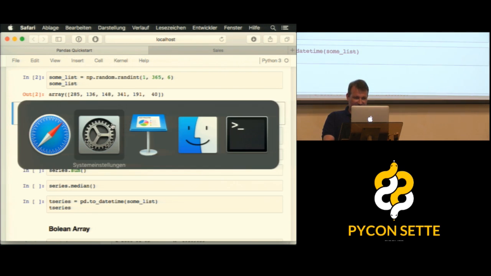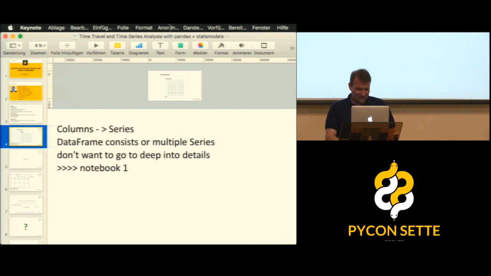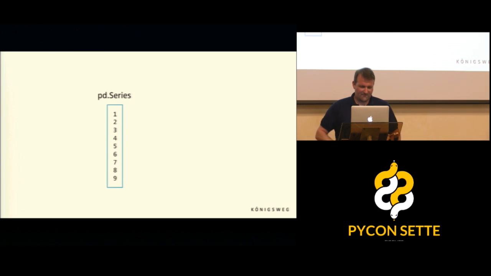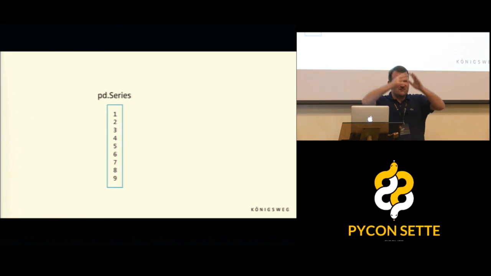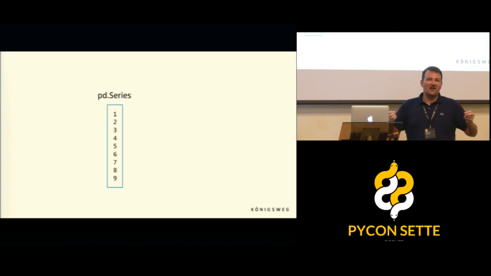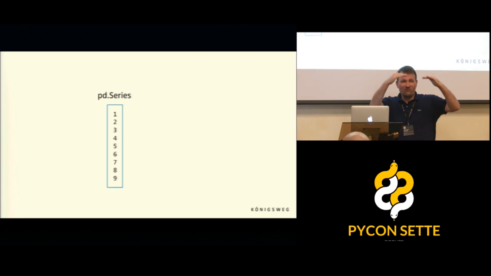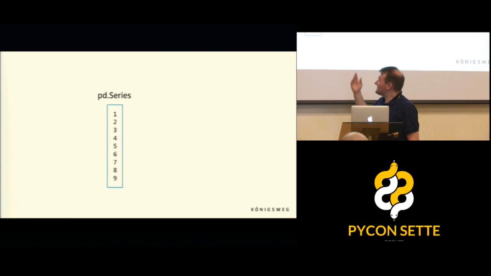It looks basically like this. So it's a pandas Series. You've already seen that it looks like a table, but it's not organized in rows, it's more organized in columns. And the column we call a pandas Series.